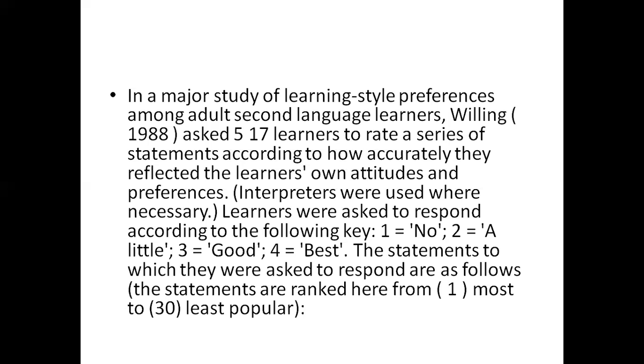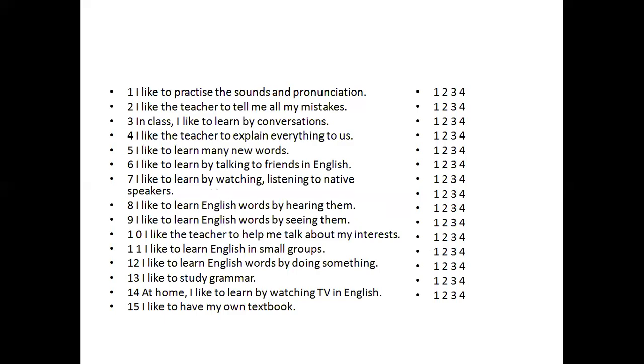And interpreters were used where necessary. Learners were asked to respond according to the following key. Number 1, representing no. Number 2, little. Number 3, good. Number 4, best. The statements to which they were asked to respond are as follows. The statements are ranked from 1, the most popular, to 30, the least popular. Okay, that is called a questionnaire.